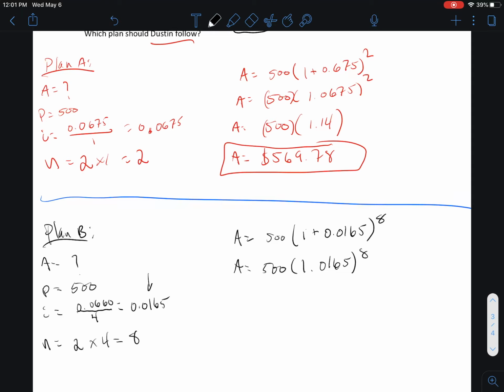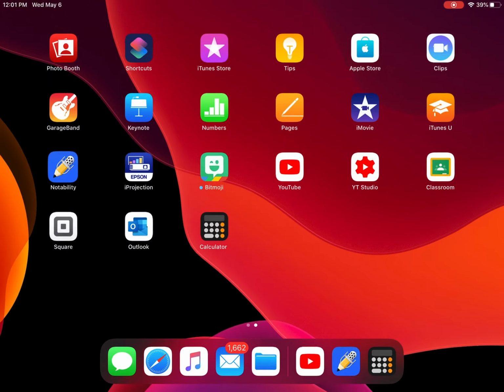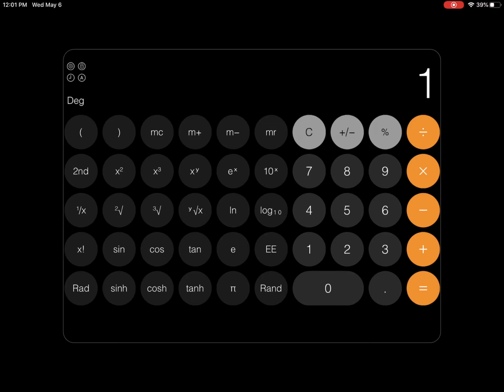So A is going to equal 500 multiplied by 1.0165 to the power of 8, right? So A is going to be 500 multiplied by something here.